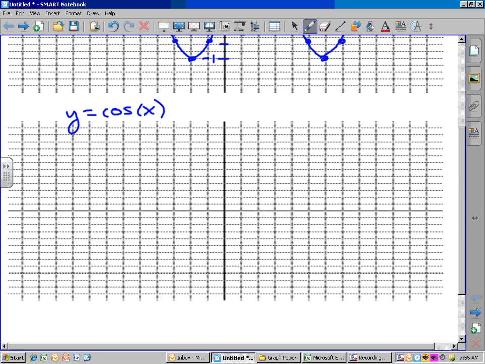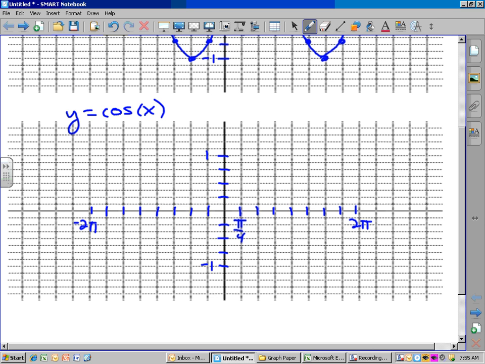Same increments. One's the highest, -1's the lowest. Pi over 4 going out to 2 pi and -2 pi.